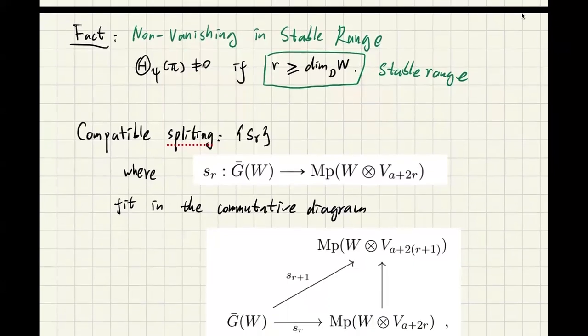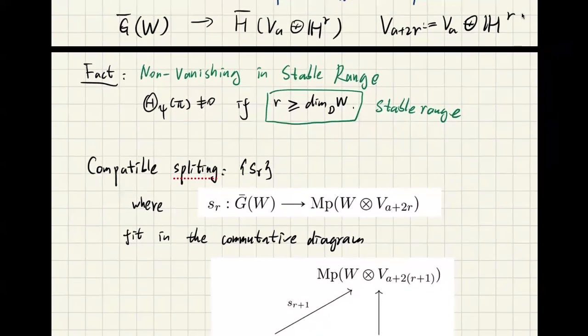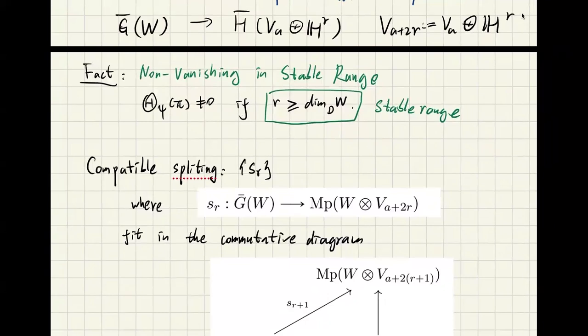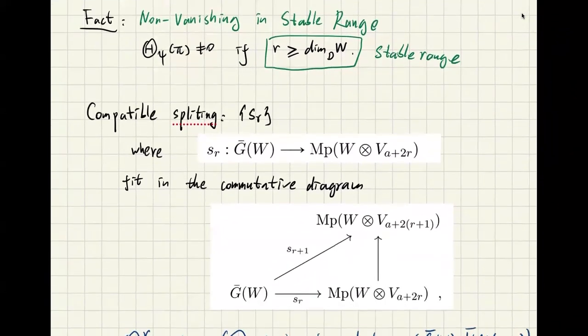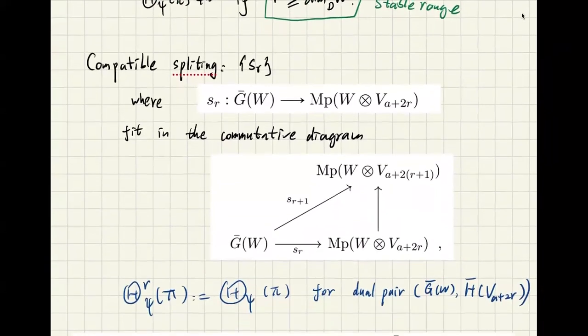Then we need to fix the splittings, and we also require some compatibility between them. We say that the different splittings from G-bar W to Mp(W tensor V_{A+2R}) form a compatible set of splittings if they fit in this commutative diagram.